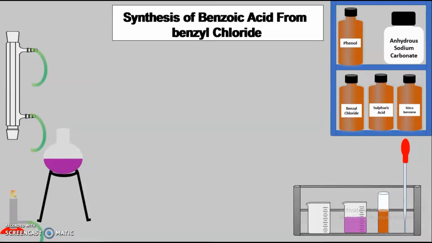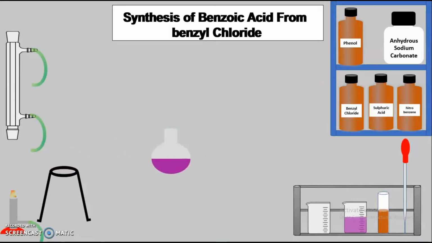So once the color of potassium permanganate is vanished, then we are going to carry out the addition of the sodium sulfide. Actually, once the color of potassium permanganate is vanished, there will be formation of benzoic acid crystals, but we are not able to see these crystals because the manganese dioxide that is formed has a brown color, due to which it is quite difficult to see the crystals of the benzoic acid.